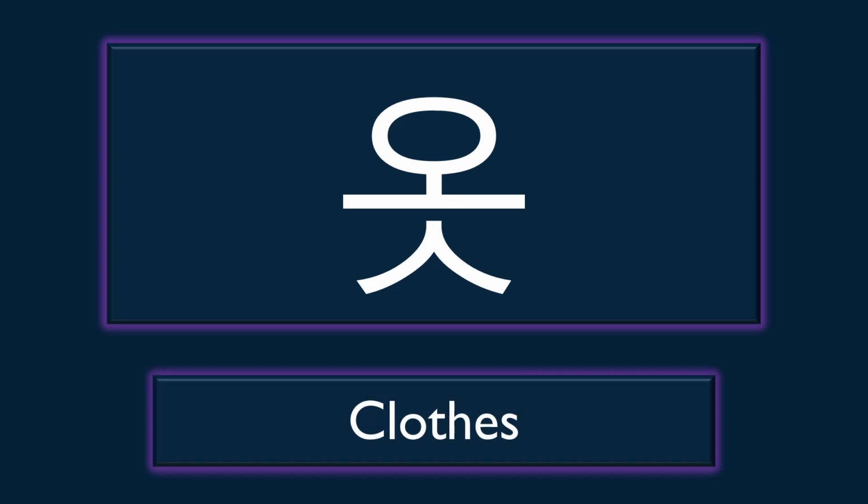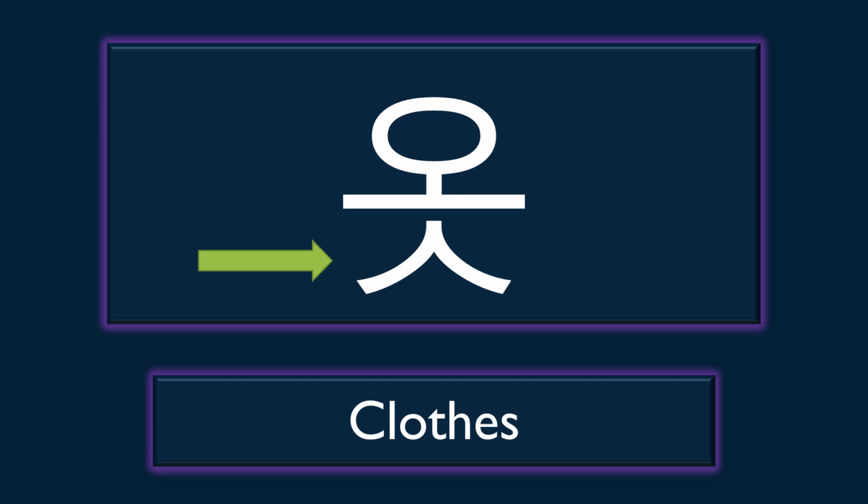Then, this another word. I bet this looks like a drawing to you, am I right? But it's not. This is read as ot, which means clothes. Notice this letter at the final position of the syllable? Yes, it is siot.